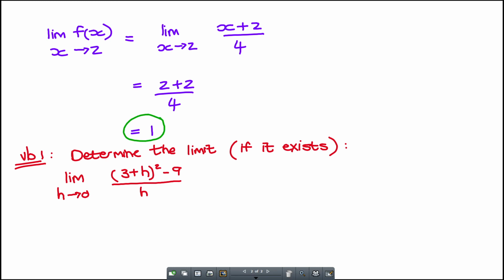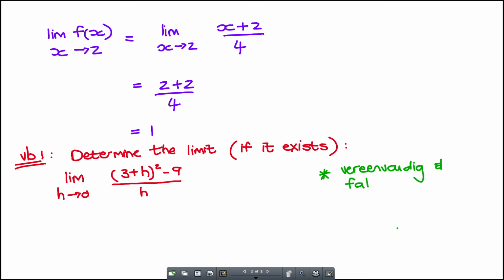But on the previous page, what were the first steps we did? We first simplified and factorized. In the previous one we only factorized, there was nothing really to simplify. But sometimes, like in this case, you also have to simplify and then I'm able to factorize.